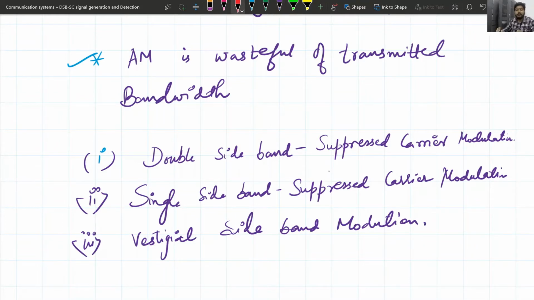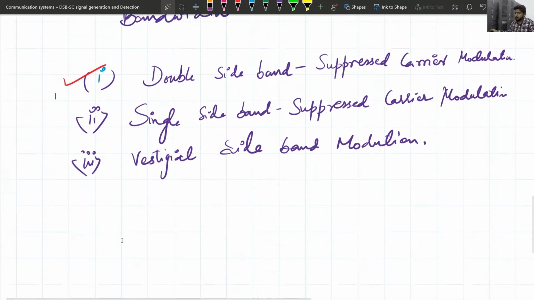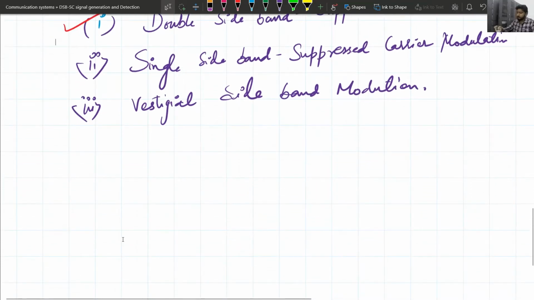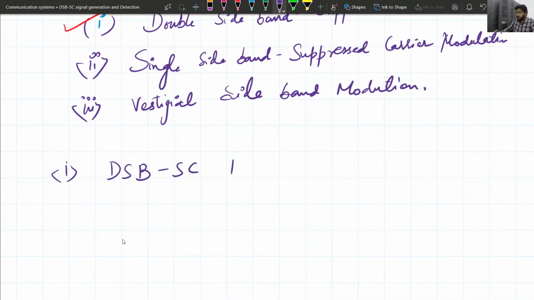So let's start our discussion with the double sideband suppressed carrier. In short, we write it as DSB-SC modulation, that is double sideband suppressed carrier modulation.